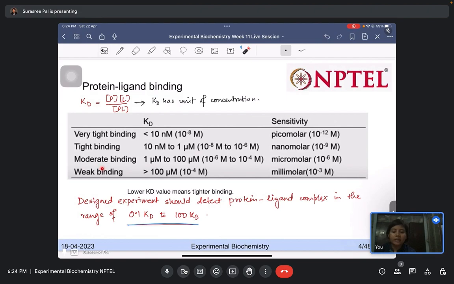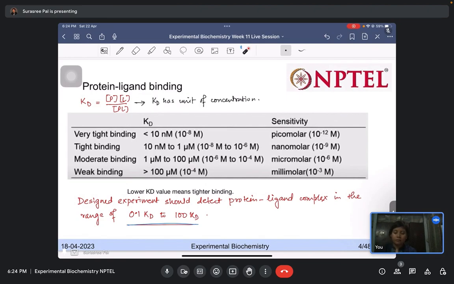In case of moderate binding, the Kd value will increase further, to around 1 micromolar to 100 micromolar. Whereas in case of weak binding, the Kd value is much greater than that, approximately 100 micromolar or so. It can be greater than 100 micromolar.